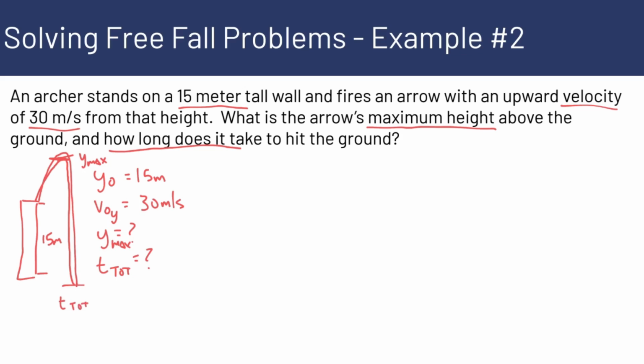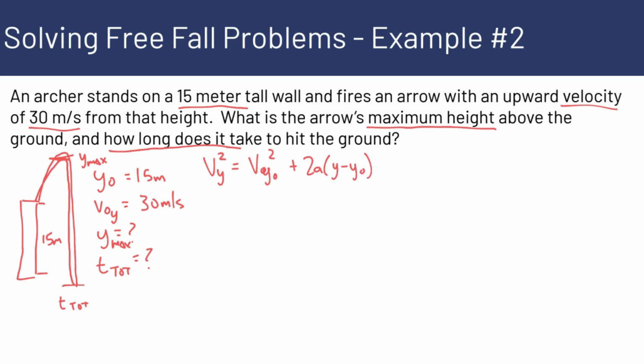Okay, so we're going to start using our kinematics equation, Vy squared equals Vy naught squared plus 2a times y minus y naught.